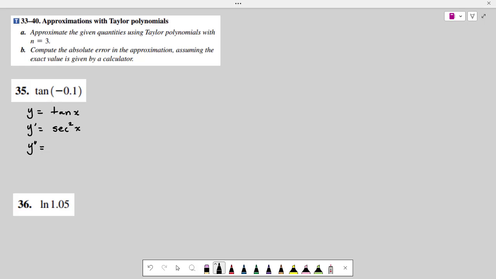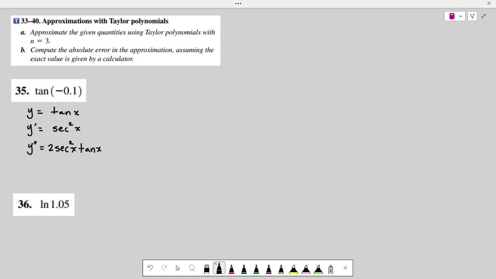So the derivative here is going to be 2 secant squared of x tangent of x, I believe. Do you agree? Everyone agree with that derivative? Power comes down, subtract 1 from the exponent, so you get secant, but then you take the derivative of secant. The derivative of secant is secant tangent.